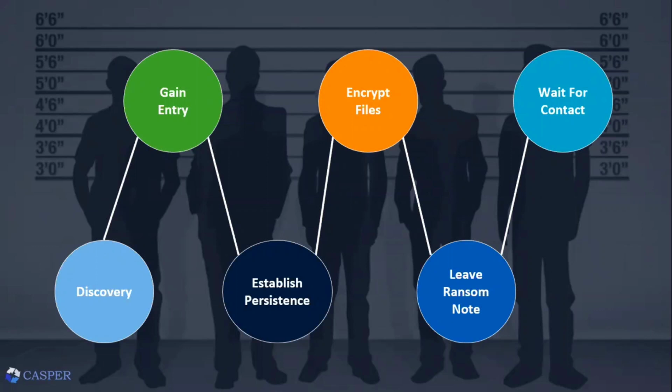Once they establish presence, they encrypt the files they are after. They've stopped the end user from accessing the files they need to do their work as usual. Then they leave the ransom notes and wait for a response. So this is the whole process.